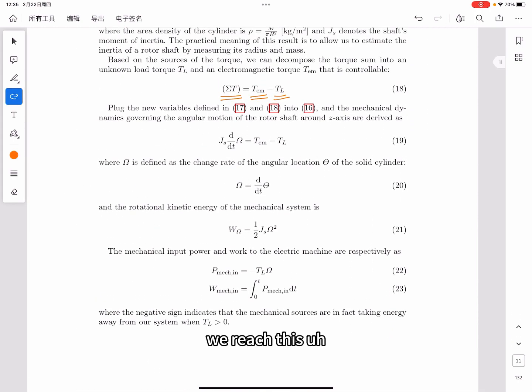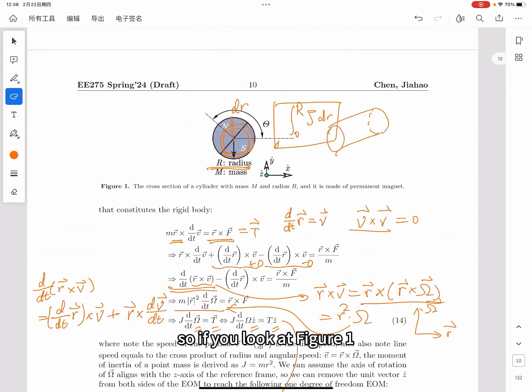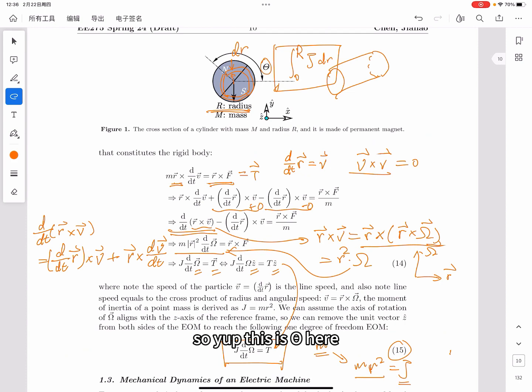We reach this well-known rotational version of Newton's second law for a rotating shaft. The angular speed is the time derivative of the angular position of our cylinder, theta. If you look at figure 1, this is theta here.